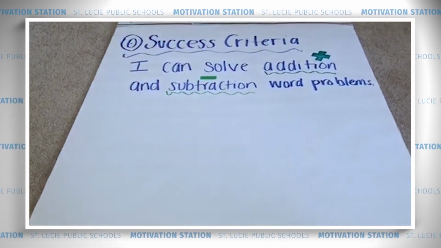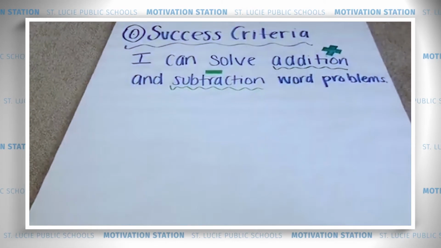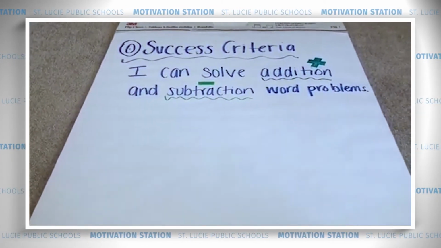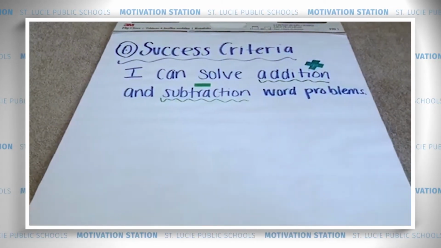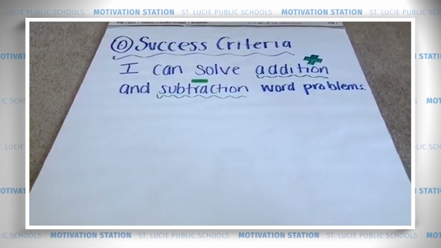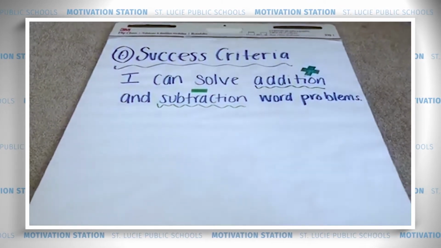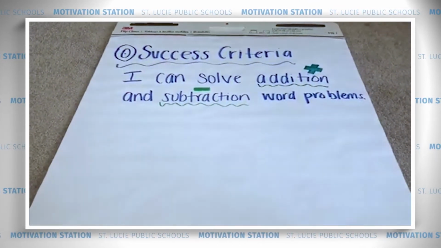We're going to practice our success criteria right now. I can solve addition and subtraction word problems. I'm going to give you a variety of different word problems. We have to determine if it's addition or subtraction, and then how we are going to solve it. We can use pictures, drawings, thinking aloud, and we'll use all of those strategies.